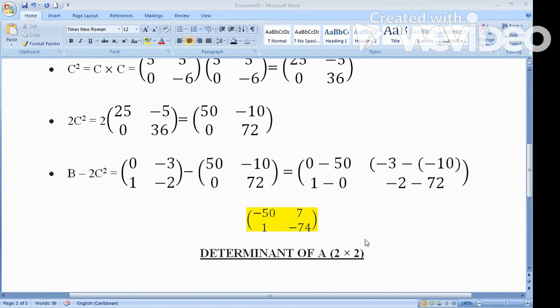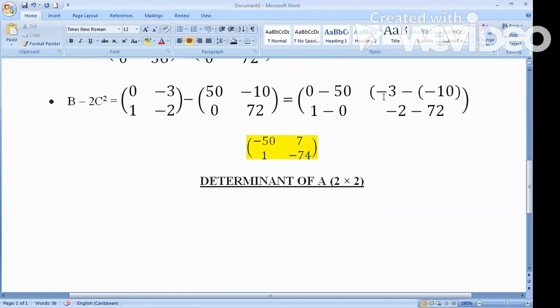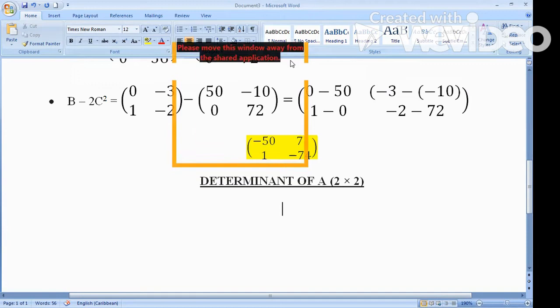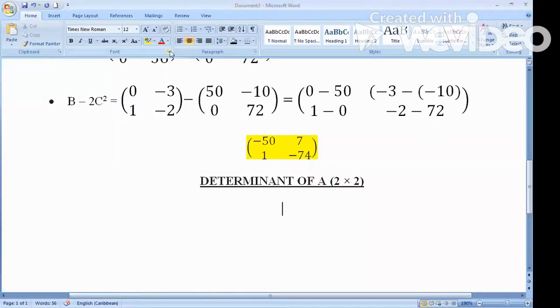All right, so we're looking at the determinant of a 2 by 2 matrix. Let us define a matrix.